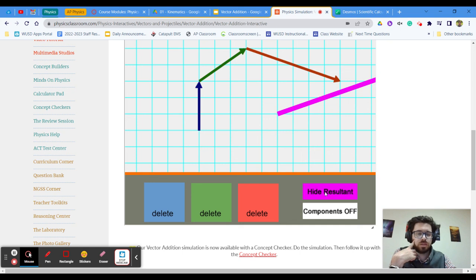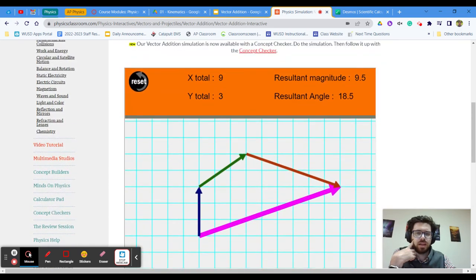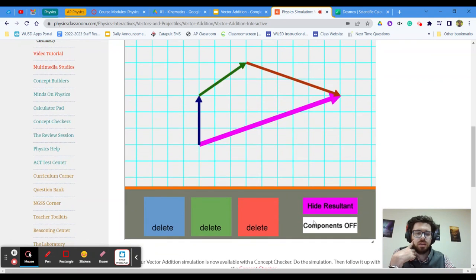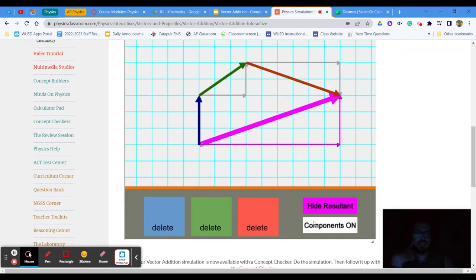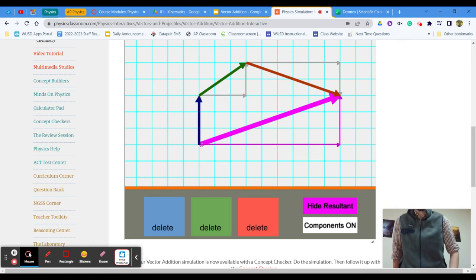Once you've put A, B, and C together, you've added the vectors, you can say, show me that resultant, and it will show you the resultant right here. On top of that, you can say, show me the components, which is super nice.